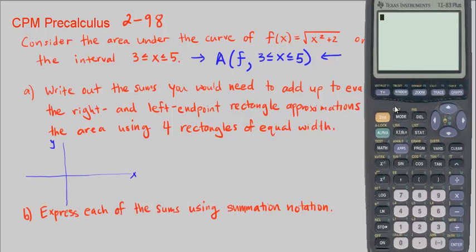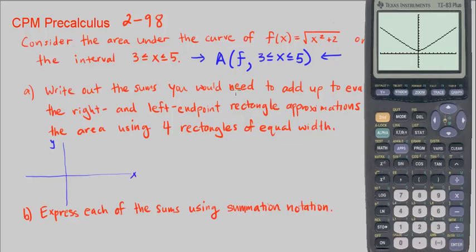I'm going to put y equals, and substitute what I have here: the square root of x squared plus 2. Close my parentheses, and graph. That's the graph of f of x.